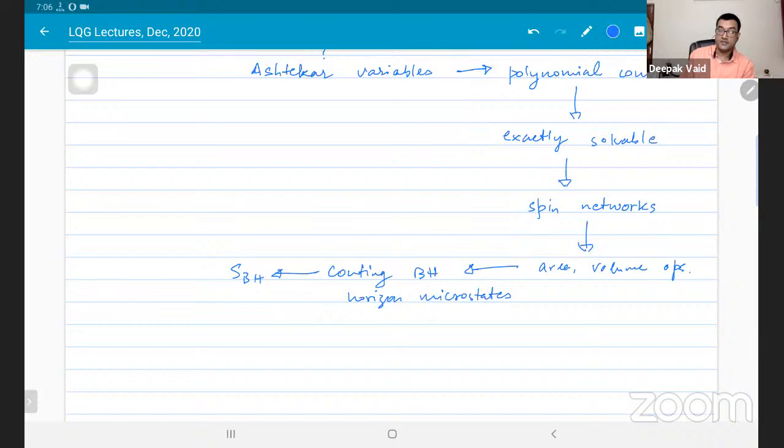And it agrees with the Bekenstein-Hawking formula. And this result by Rovelli and Krasnov preceded Strominger and Vafa's counting of black hole microstates using string theory.